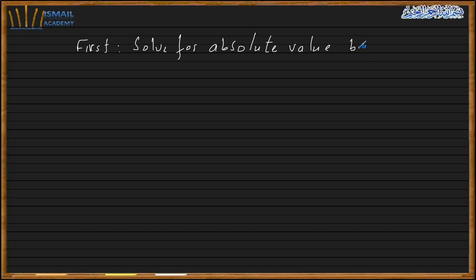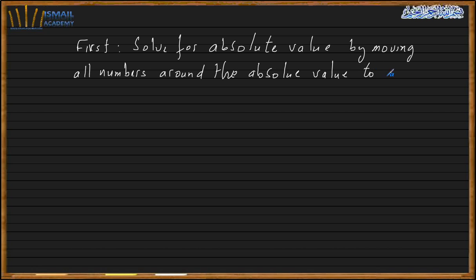So by moving all numbers around the absolute value to the other side of the inequality.